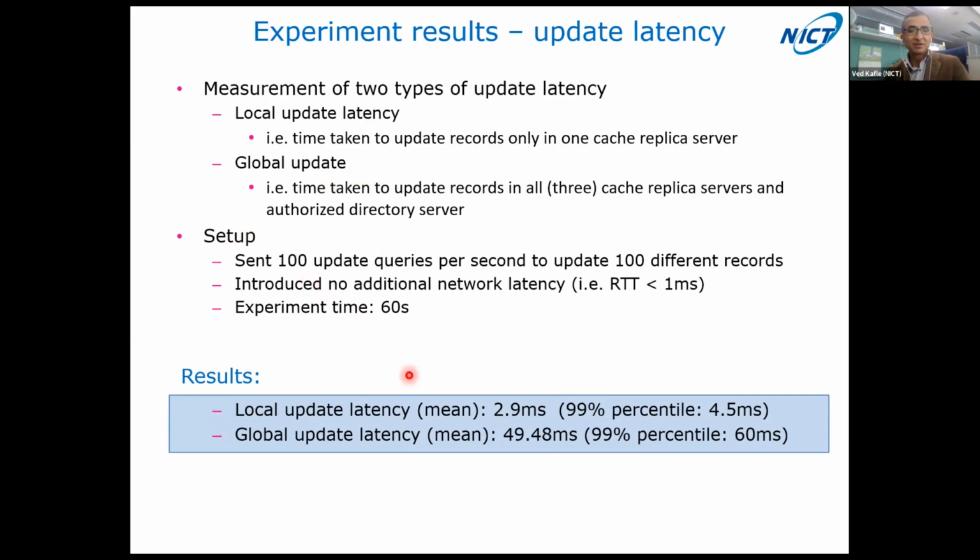We did this experiment and found that the update is also quite fast, about 2.9 milliseconds. And if we have many replica servers, many cache points, then we have to update them all. So it would take a little bit higher, about 60 milliseconds, on average 50 milliseconds.